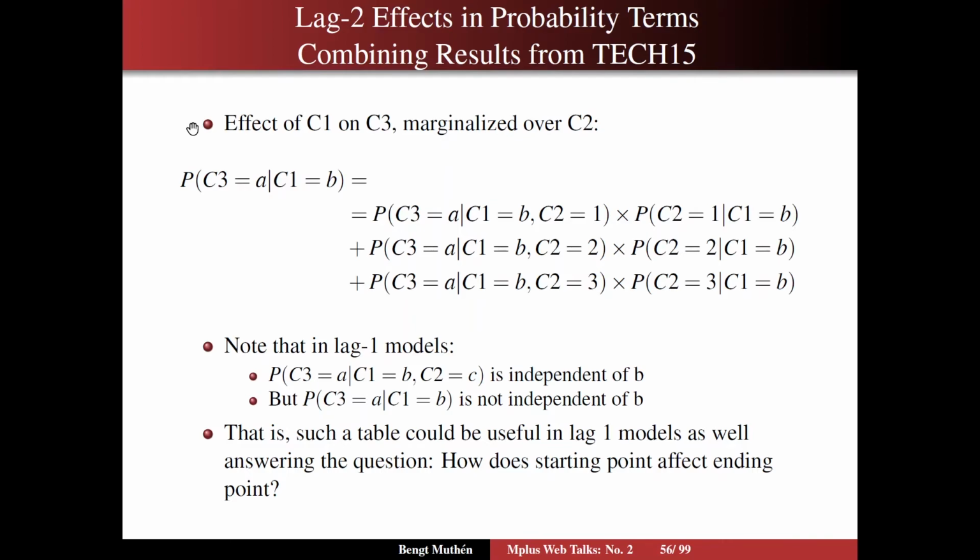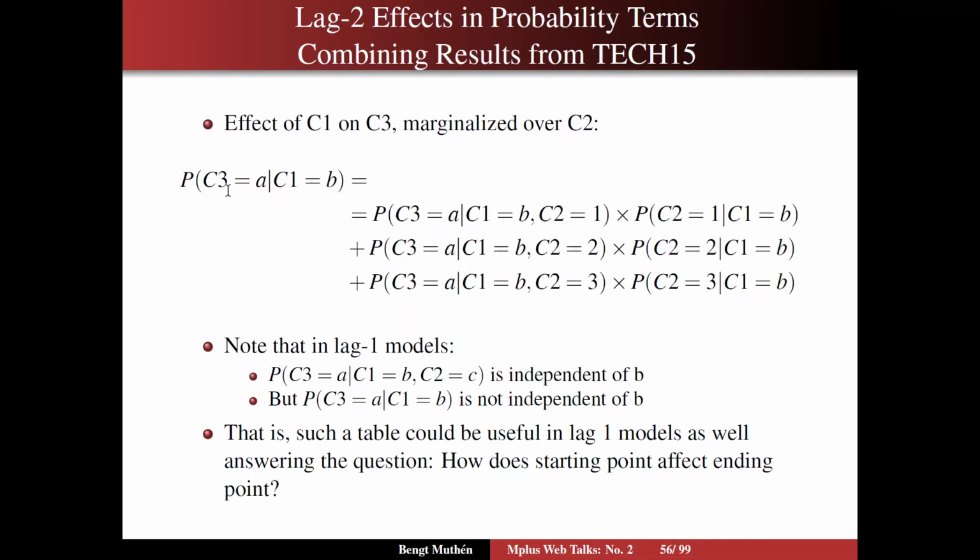We're going to think of that as marginalizing over C2, the intermediate latent class variable. Because Tech 15 gives you the probability of C3 given C2 and C1, but now we want only the effect of C3 given C1, that direct effect.